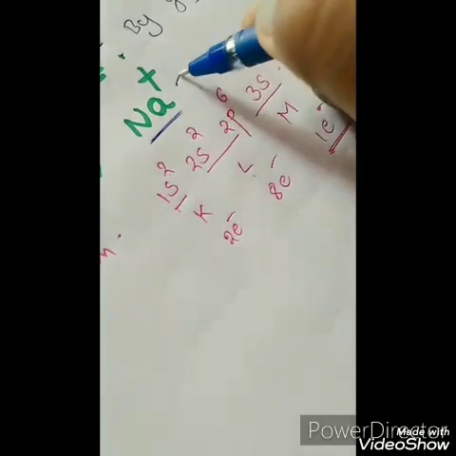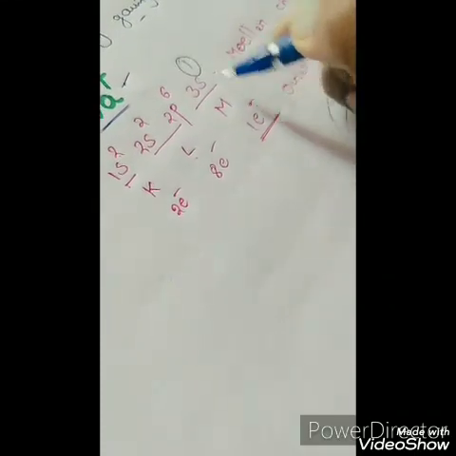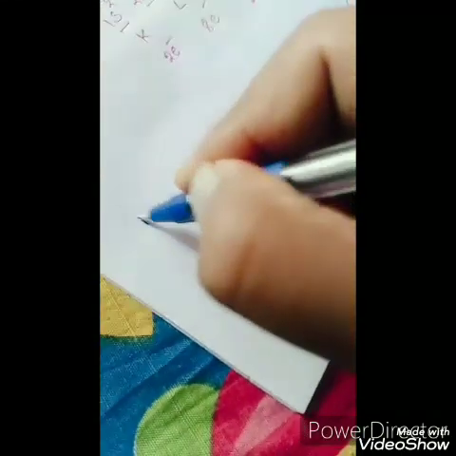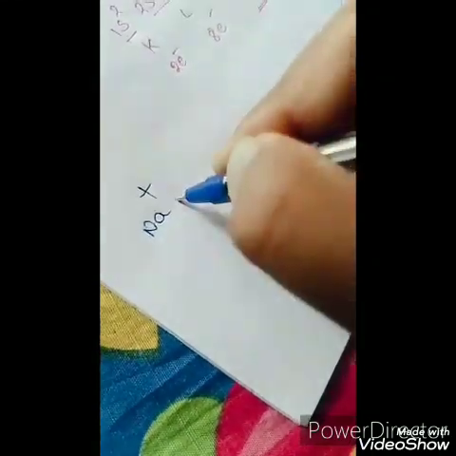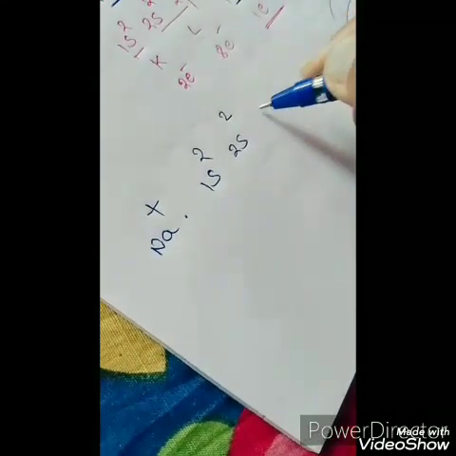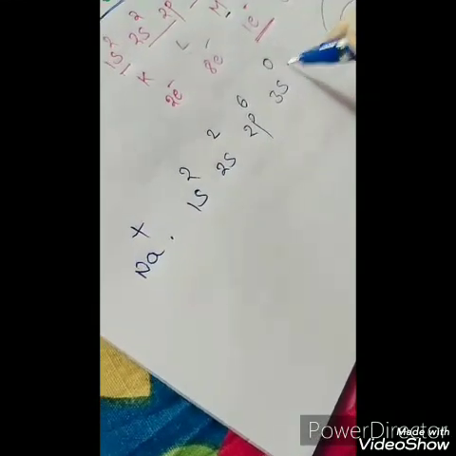Then, for the formation of Na plus ion, sodium has to lose this 1 electron from its outermost shell. Then the configuration for Na plus should be 1s2, 2s2, 2p6, 3s0.